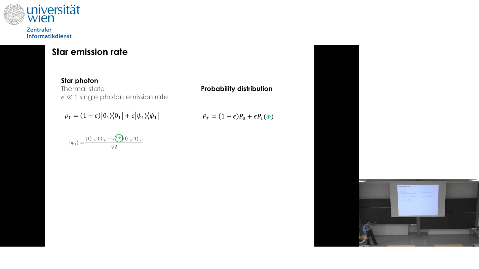When we have to take into account the star emission rate epsilon, we can say that the initial state is this density matrix here, where the first part is the scenario in which the star does not emit a photon, so it's just the vacuum state, plus psi1, which is the thermal state we saw before, so it contains the information about the relative phase shift.